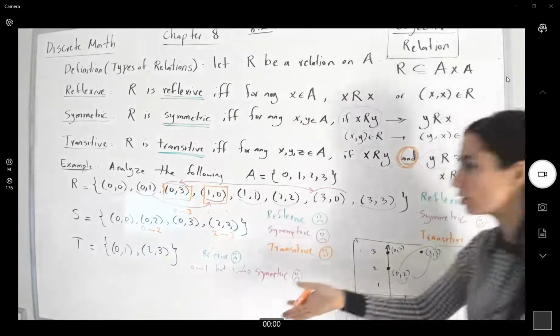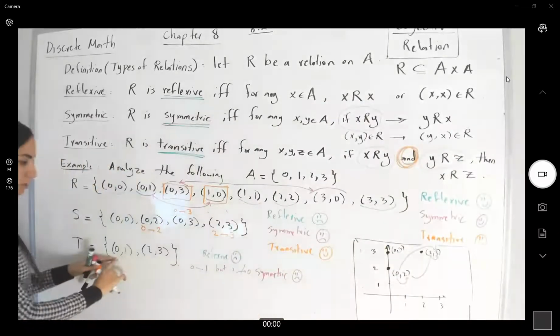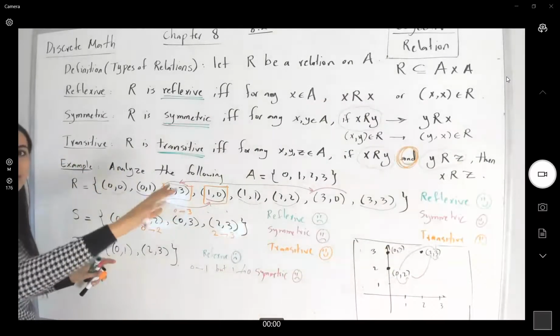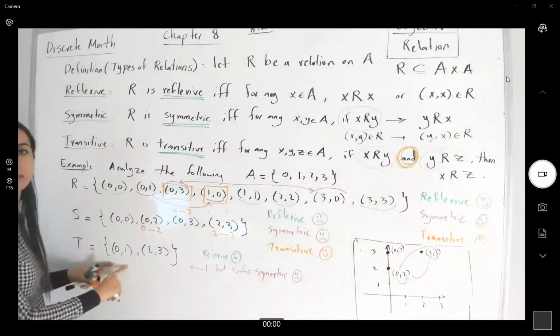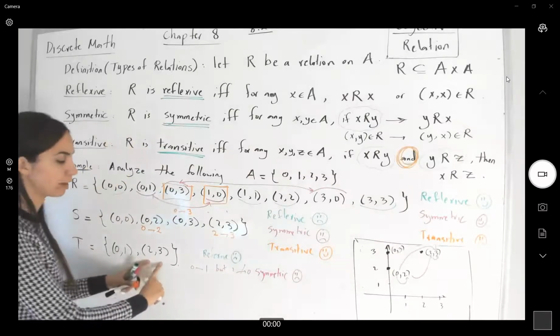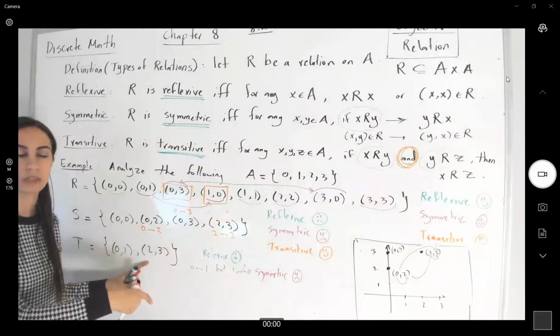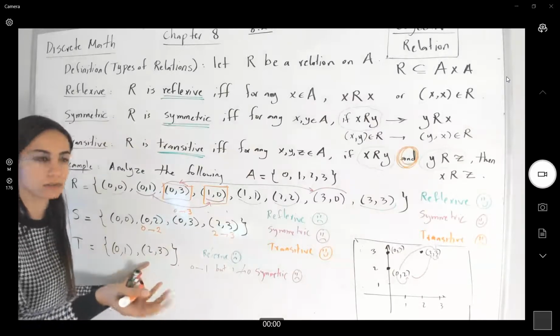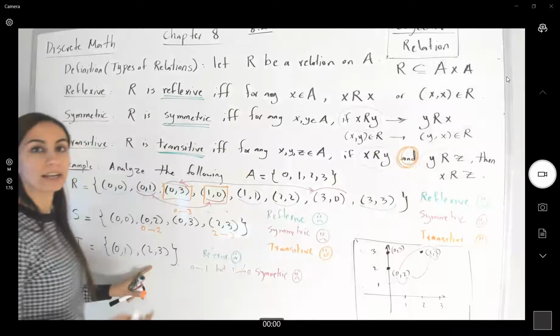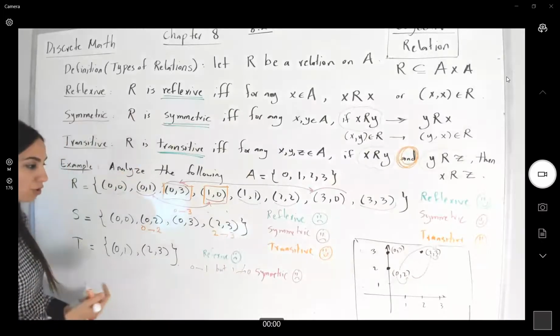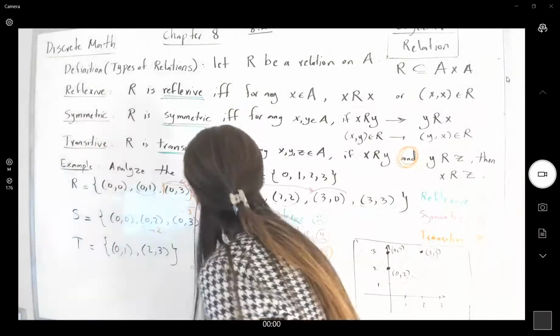Do you have your second point? 0 is connected to 1. You don't have anything about 1 connected to something else. So we cannot decide about this one. What about 2 and 3? 2 is connected to 3. 3 is connected to, I don't have the second point to move forward and check this relation. So it is transitive.